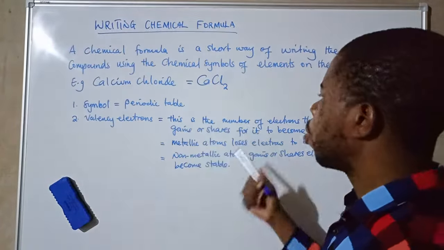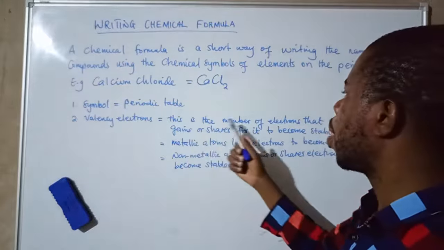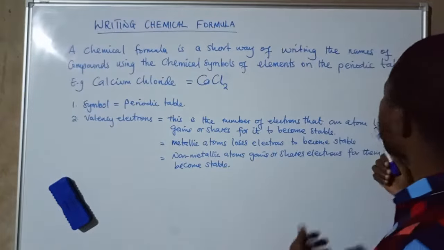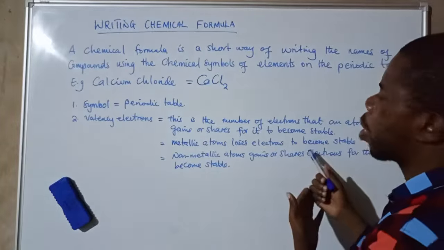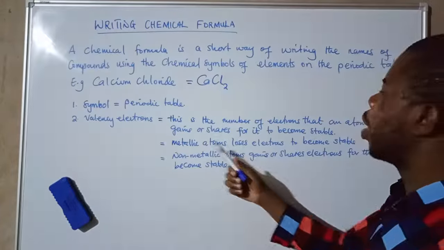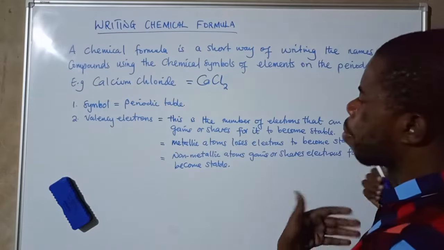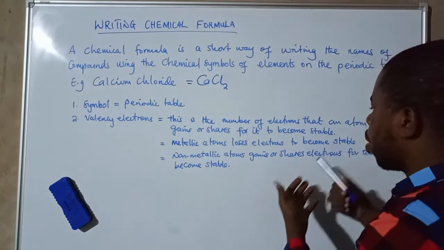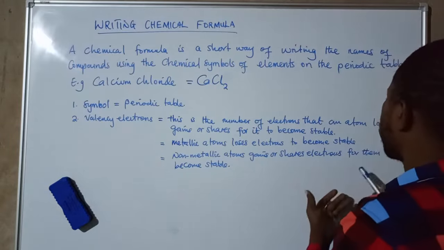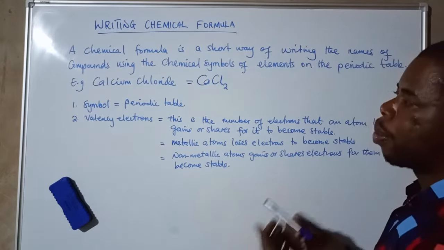So this definition, you must understand it. This is the number of electrons that an atom loses or gains or shares for it to become stable. Now, metallic atoms lose electrons to become stable, while non-metallic atoms gain or share electrons for them to become stable.